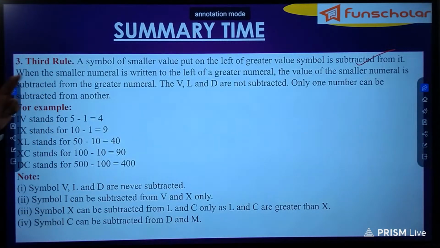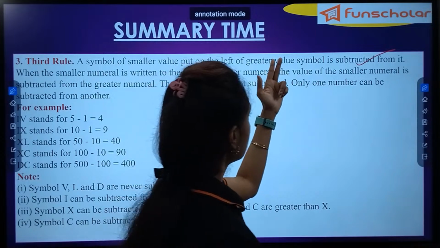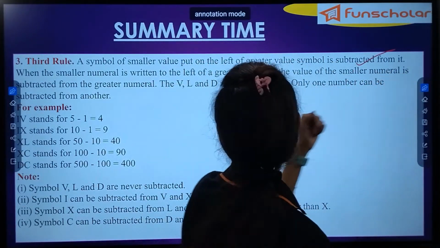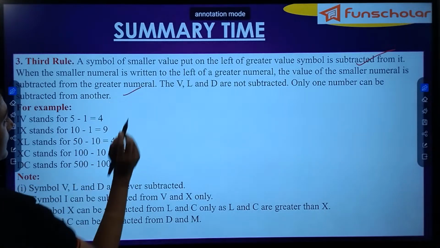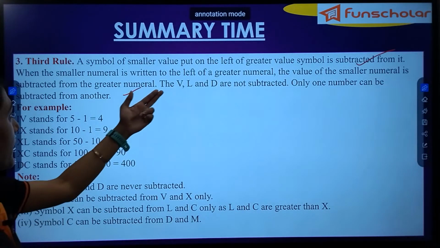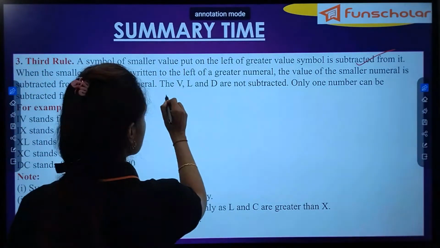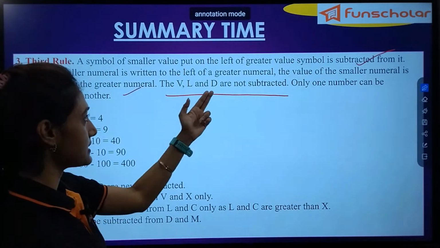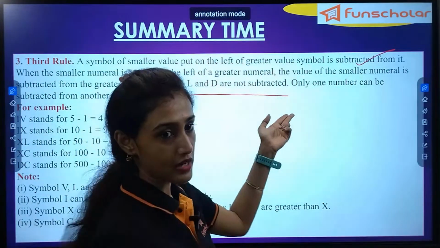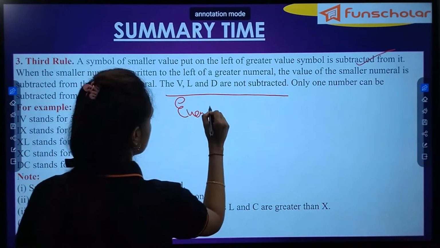When a smaller numeral is written to the left of a greater numeral, the value of the smaller numeral is subtracted from the greater numeral. We have learned this also. The symbols V, L and D are not subtracted. Okay. They cannot be repeated. They cannot be subtracted. They cannot be added.